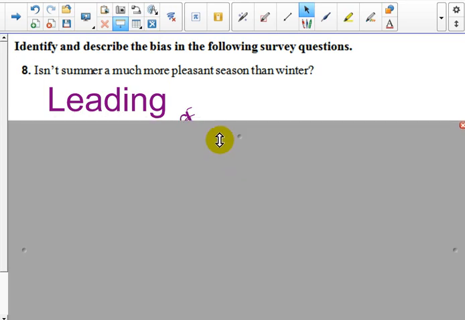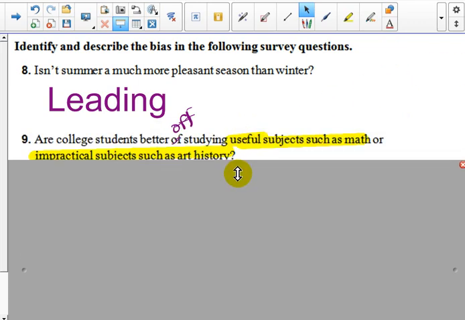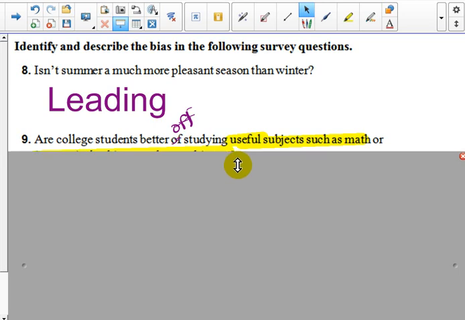So you can make that unbiased by saying which season is more pleasant, and then checkbox winter, checkbox summer. Or you could just ask, which is summer or winter? I don't know. I do the checkbox.